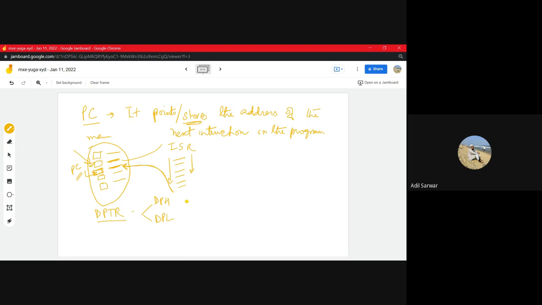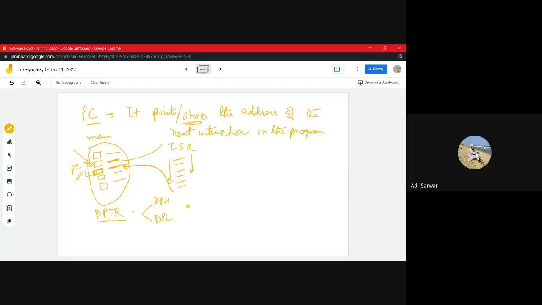And what is its role? So the data pointer actually holds the address of data in data memory.